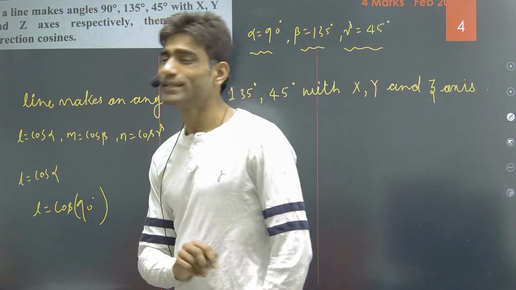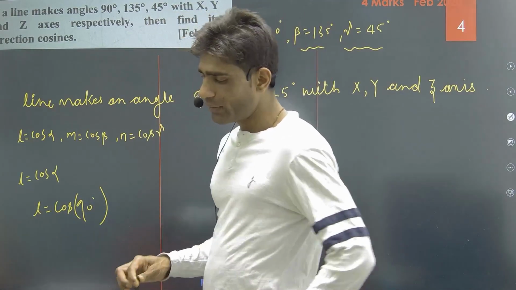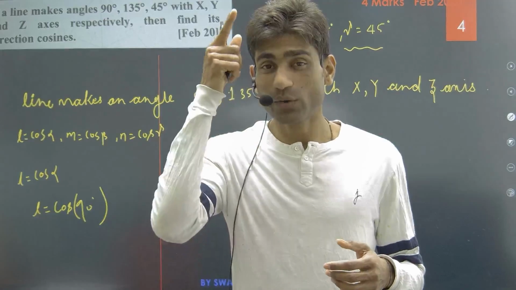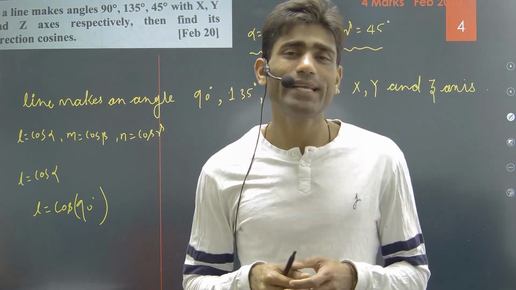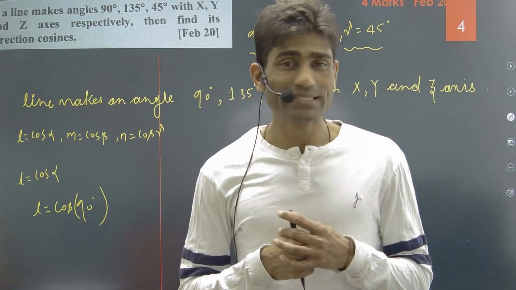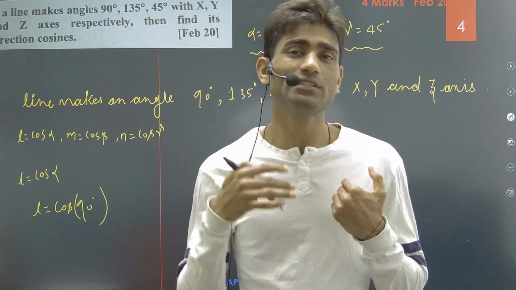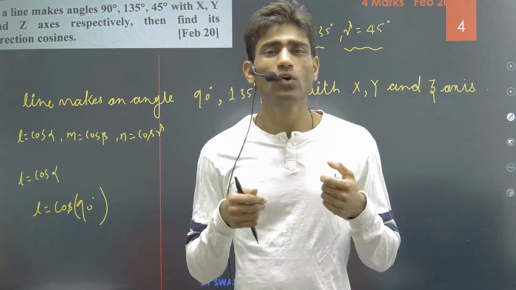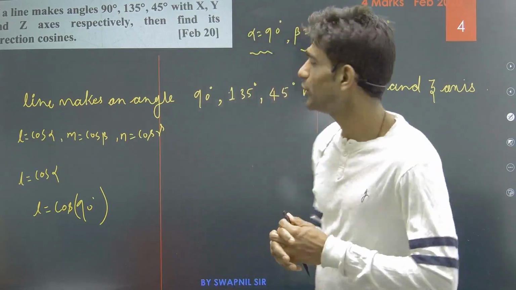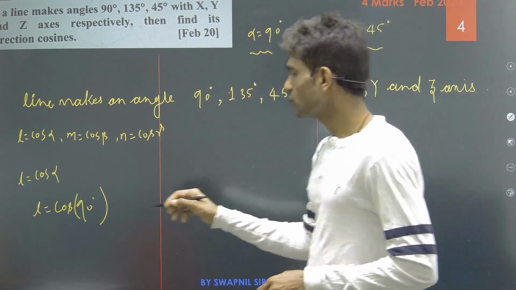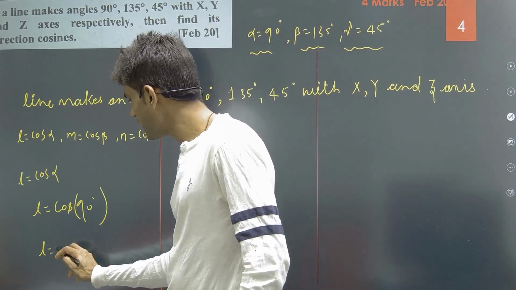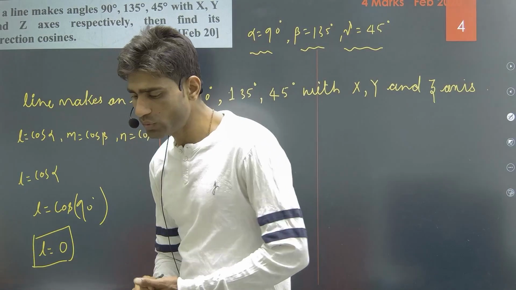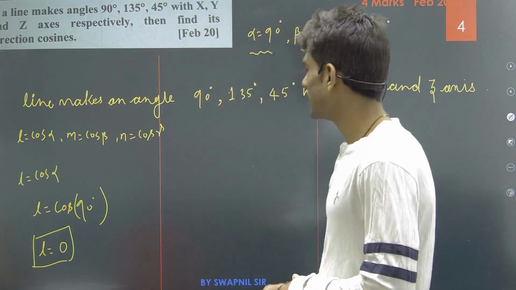We know that at 90 degree and 270 degree, on the imaginary axis, cos always gives us a 0 value, and on the real axis, like 0 and 180 degree, cos gives 1 and minus 1. So we need to be very careful about these values. So L equal to cos 90 is 0. That is the easy part here.